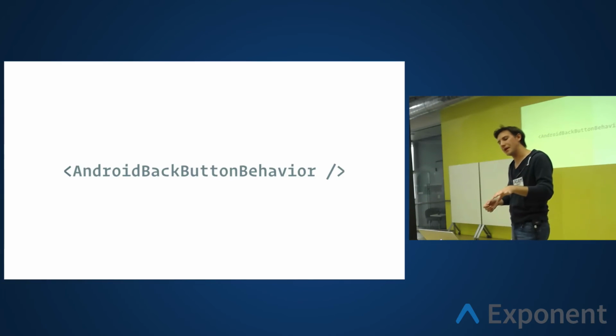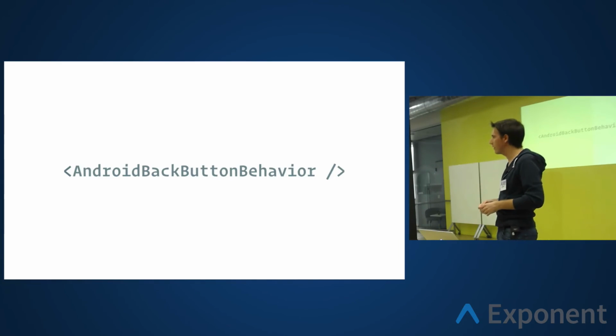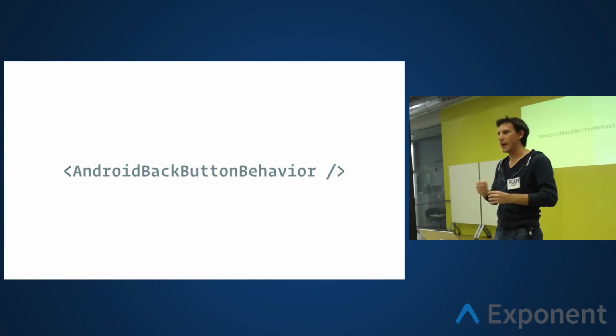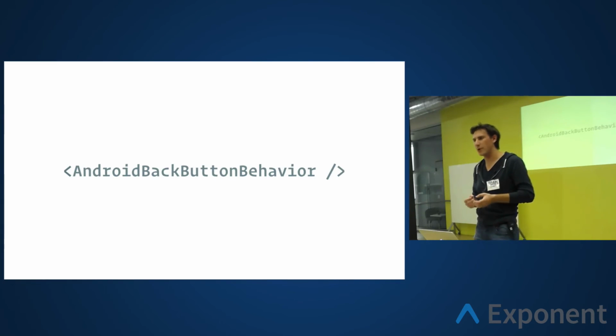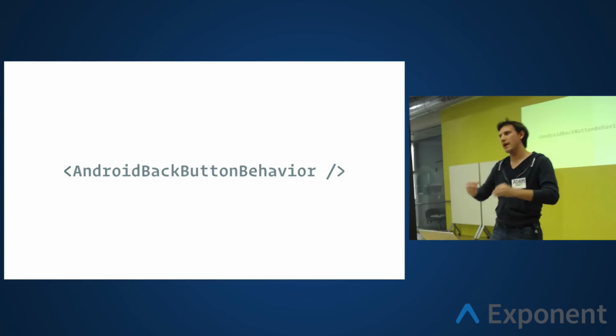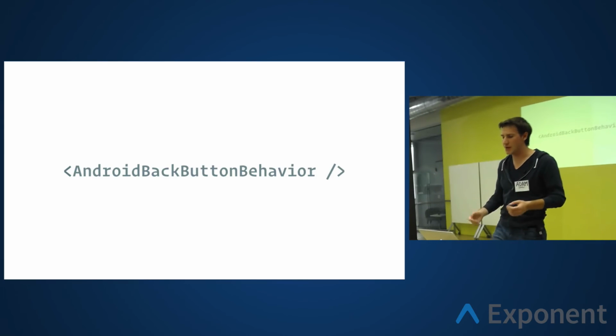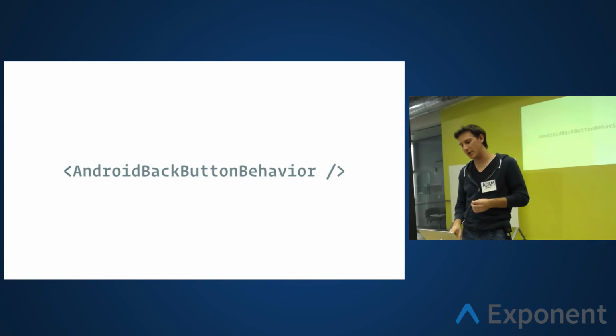All you have to do is include the Android back button behavior component in the component that you're writing that logic in, and the Android back button behavior component knows what Navigator it's within and understands whether it's focused on screen, et cetera, and will just handle that for you. And so it allows a really easy way to customize that.